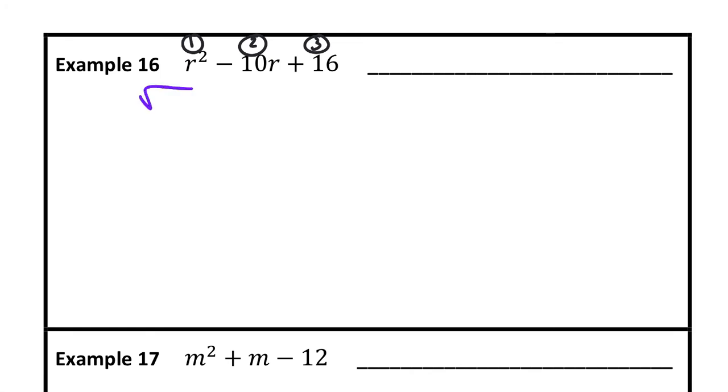Can I square root the first term? Yes. Can I square root the last term? Yes.